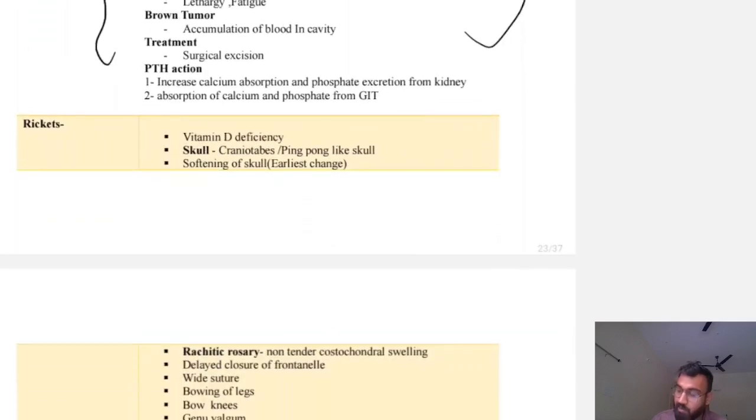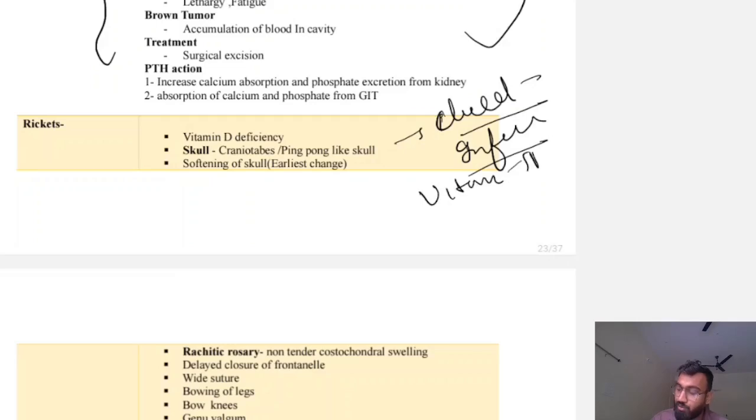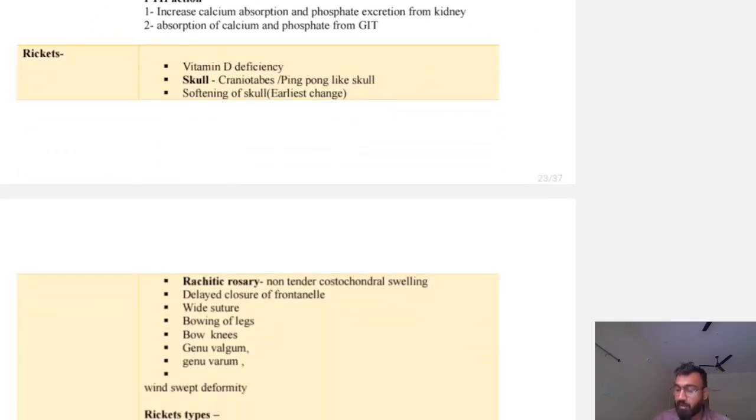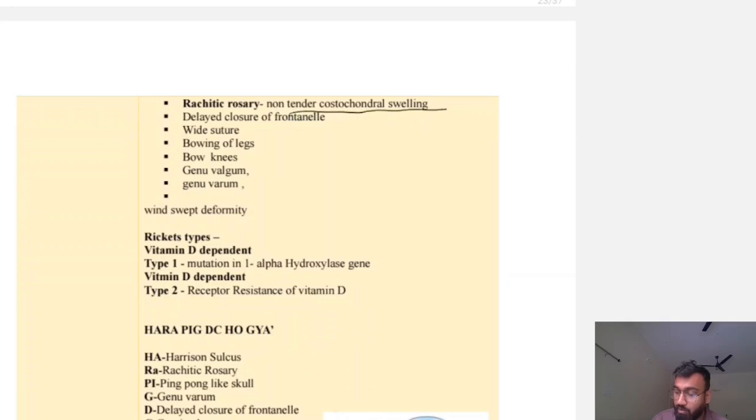Okay, next is rickets. So in child, in infants, in kids, vitamin D deficiency leads to rickets. In adults, it leads to osteomalacia. So if the vitamin D is not absorbed, it causes vitamin D deficiency, or due to any cause, if the kid is not getting vitamin D, then patient will present with craniotabes, ping pong like skull, softening of skull is the earliest change, rachitic rosary, non-tender costochondral swelling.